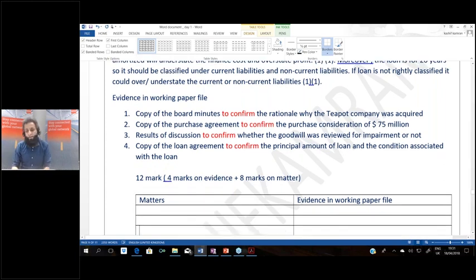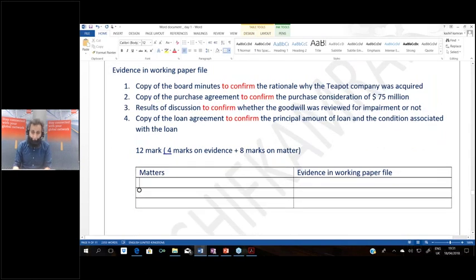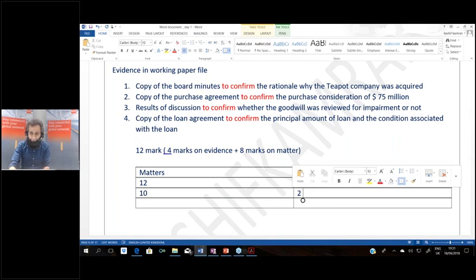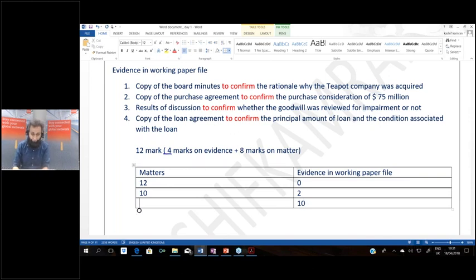Suppose the student writes 12 matters and 0 evidence. The student writes 10 matters and 2 evidences. The student writes 10 evidences and 2 matters, right?